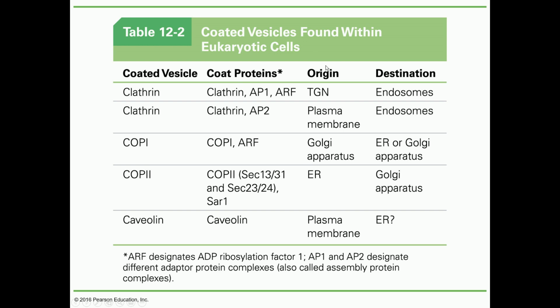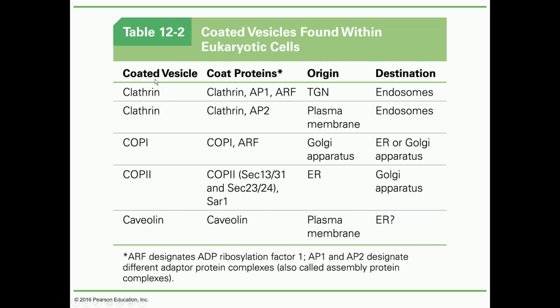In this table the origin and the destination are also given. We are talking about coated vesicles found in eukaryotic cells. This kind of vesicle, clathrin coated, can originate from the trans-Golgi network of the Golgi, and their destination can be endosomes.